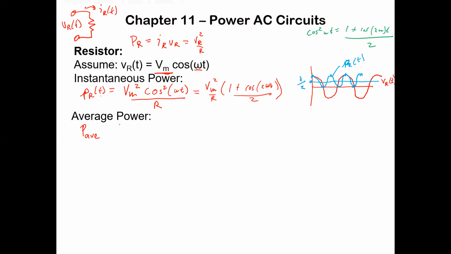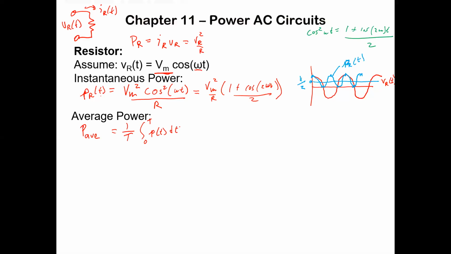And average power, that's a capital P, is defined as 1 over T times the integral from 0 to T of our lowercase p of t dt. You want the average power? You integrate it over one period of that sinusoid, and you divide it by the length of that period.